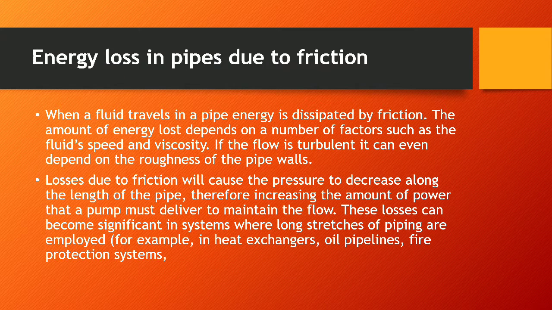Losses due to friction will cause the pressure to decrease along the length of the pipe, therefore increasing the amount of power that a pump must deliver to maintain the flow. These losses can become significant in systems where long stretches of piping are employed, for example, in heat exchangers, oil pipelines, and fire protection systems.